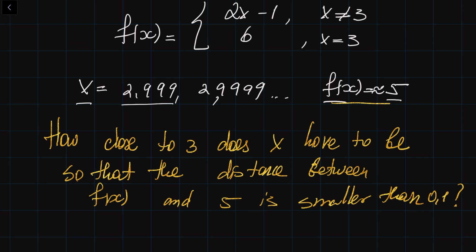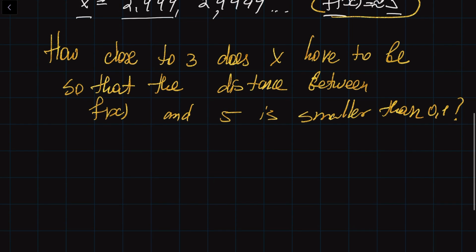So we would like to control the distance between f of x and 5 by controlling the distance between x and 3. So this is our goal.